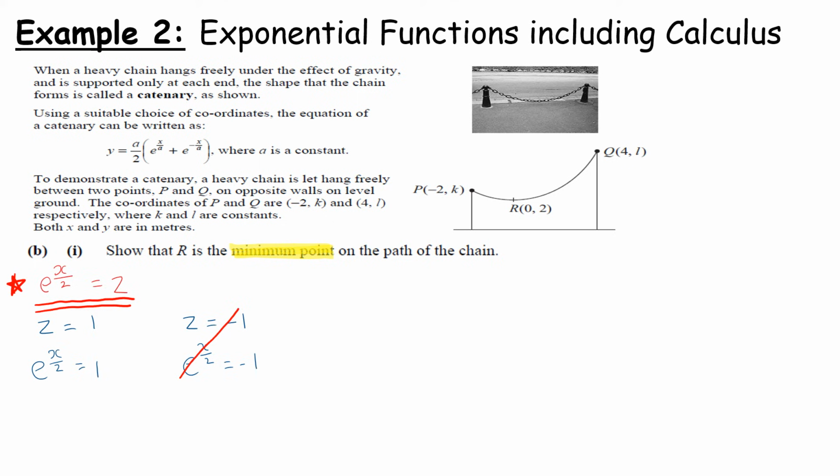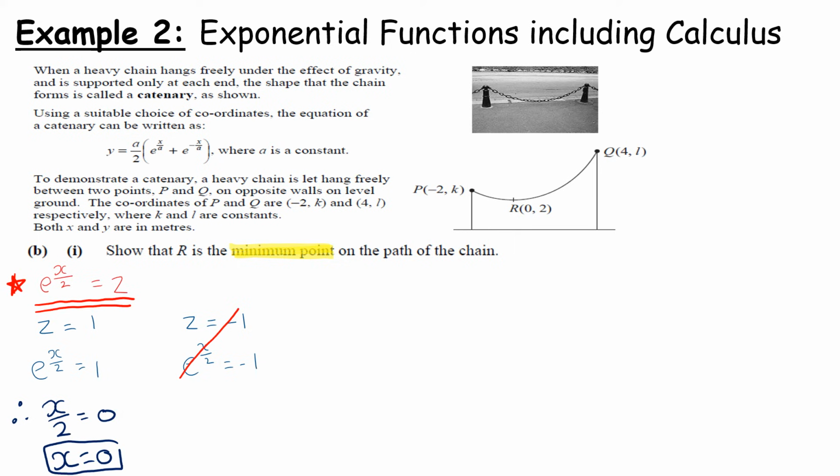For this one here, you can use logs, or we can use the idea that anything to the power of 0 is 1. So x over 2 must be 0, because e must have been to the power of 0 to get 1. This means the only thing x can be is x equals 0. So I've worked that through to find x is 0, so that's where the minimum point happens.